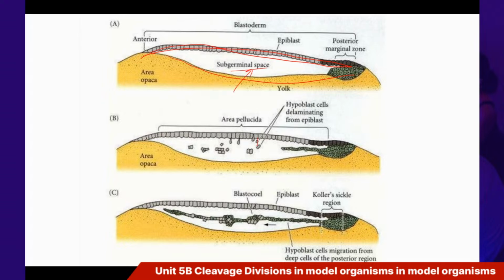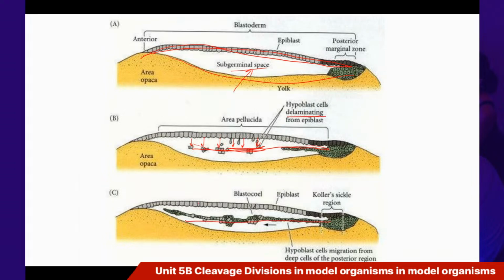Later some hypoblast breaks from the epiblast. So that comes out by delamination. Delamination, we know, is breaking into two layers, right? Yes, Sunshine, your answer is right. So this will join together, and they will form the primary hypoblast. Later, one more layer will join from the Koller's sickle.